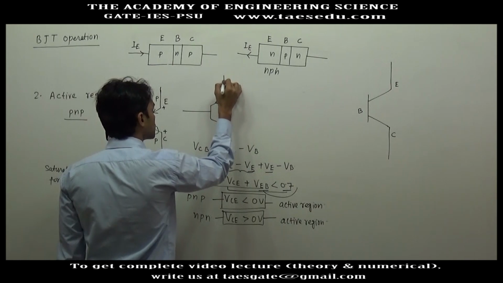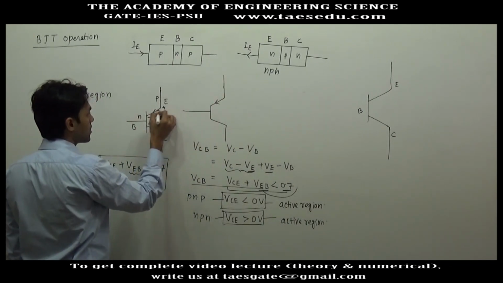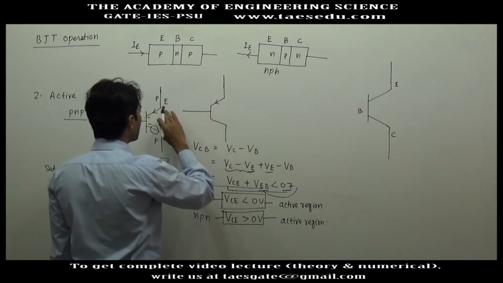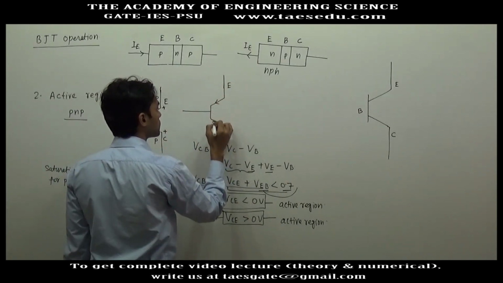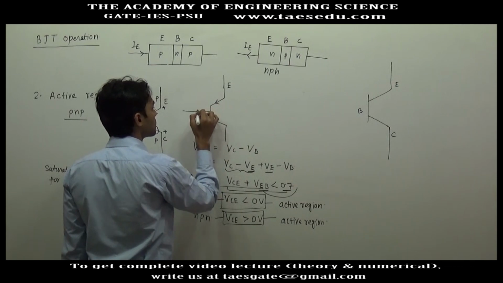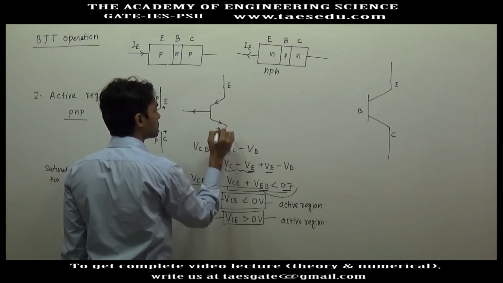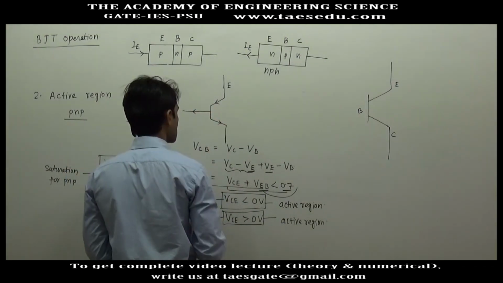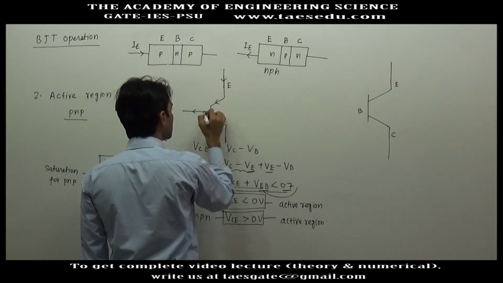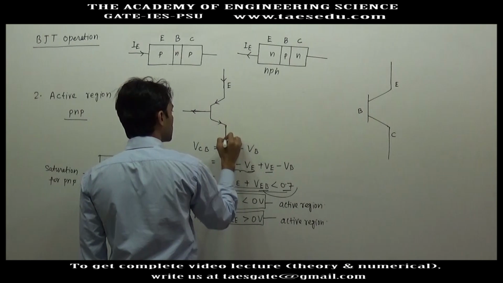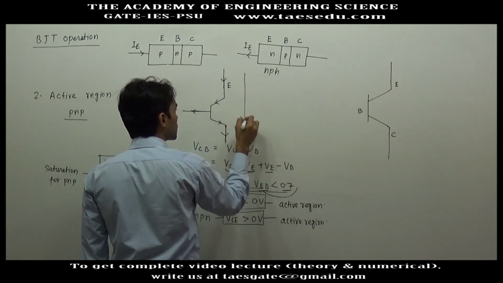Current will flow like this. Current is always from emitter to, in PNP transistor, this is the direction of current. Some part of current will go to base.